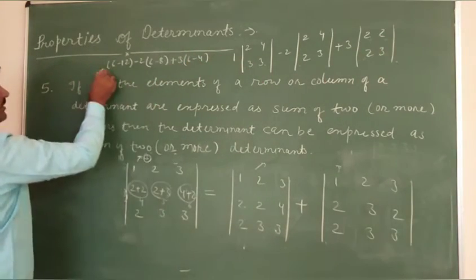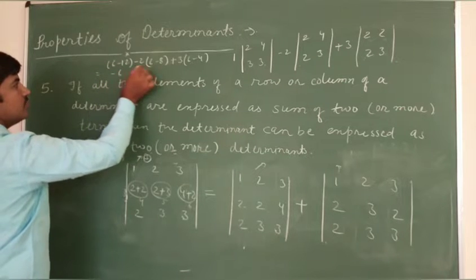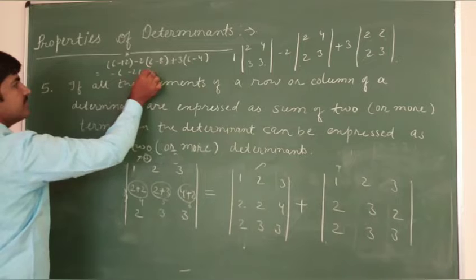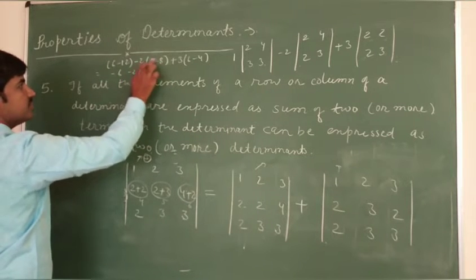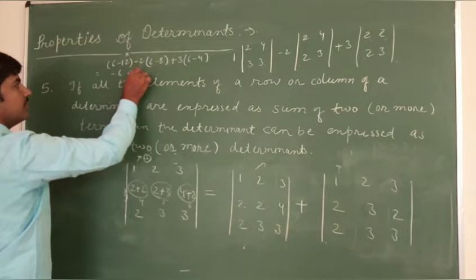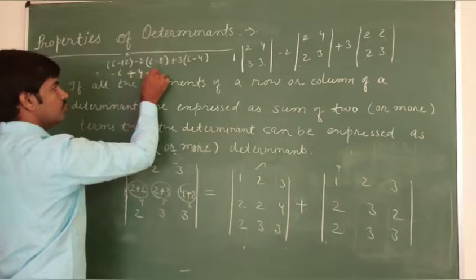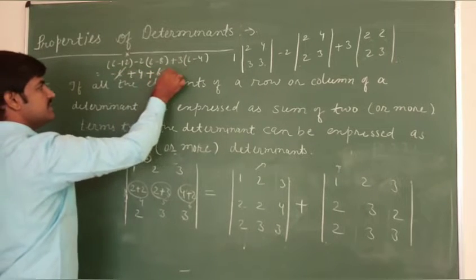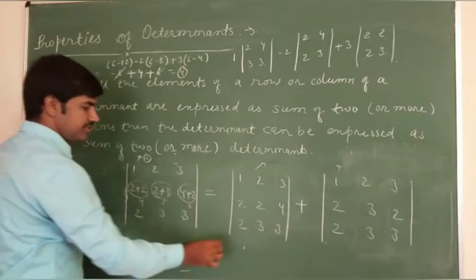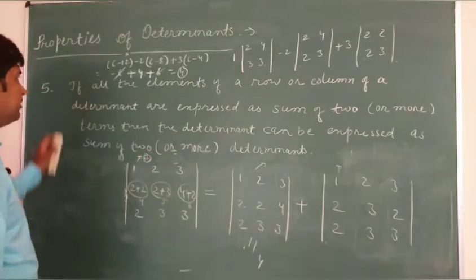Hence 6 minus 12 is equal to minus 6, minus 2 times minus 2 is plus 4, and plus 3 times 2 is 6. These are cancelled and 4 is the value of this particular determinant.